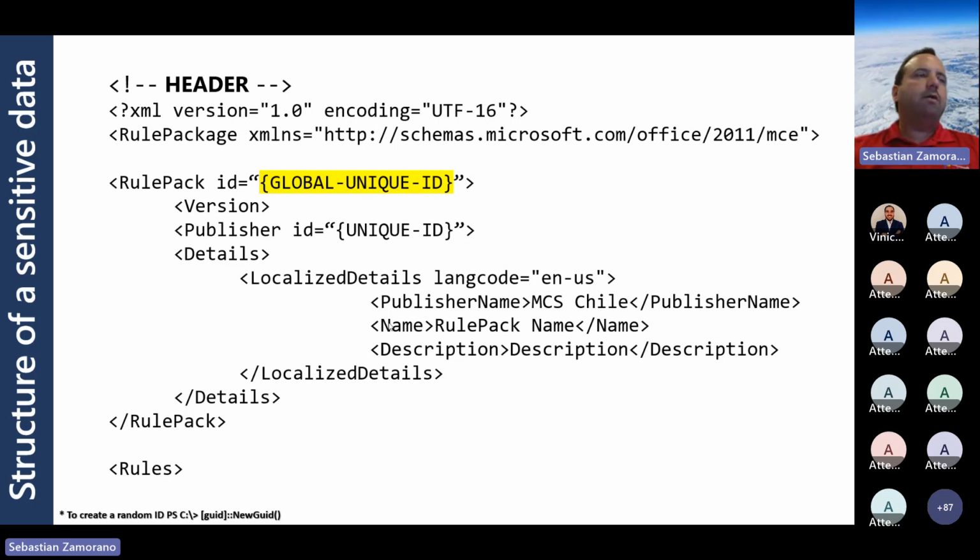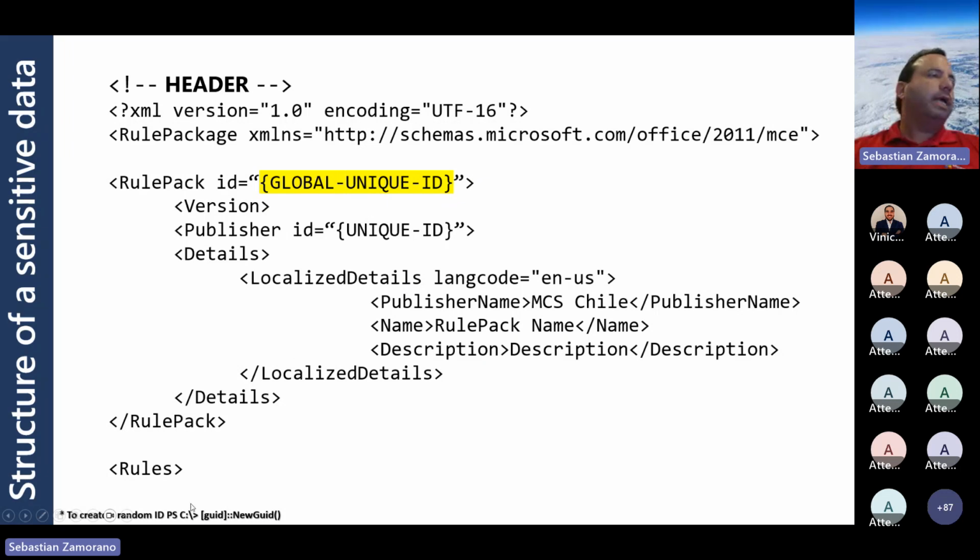To create our XML, this is the structure. We need a rule pack ID. This is a globally unique ID. That means if you create your rule pack ID, we need to avoid matching any other rule pack around the world over all the tenants.